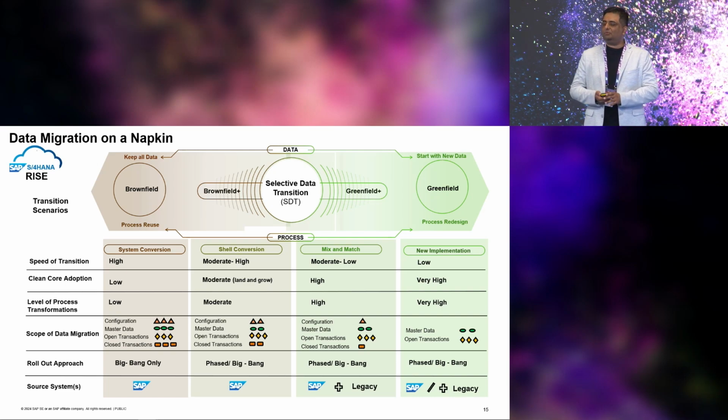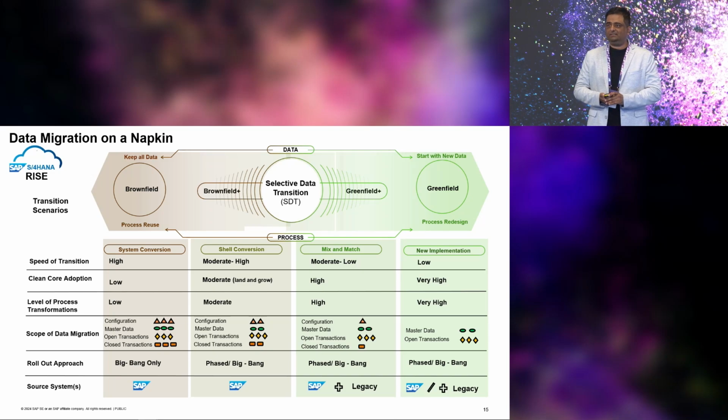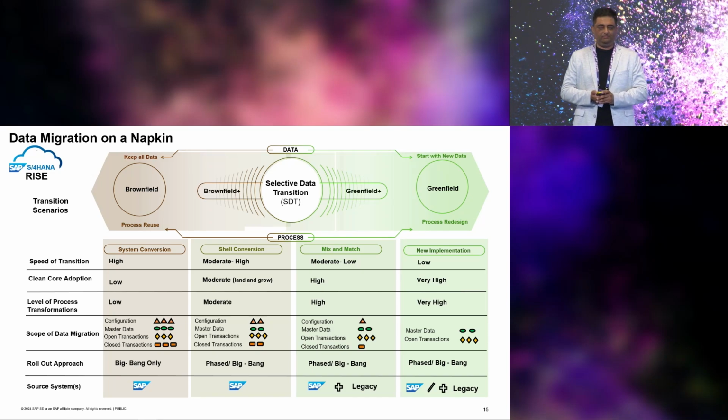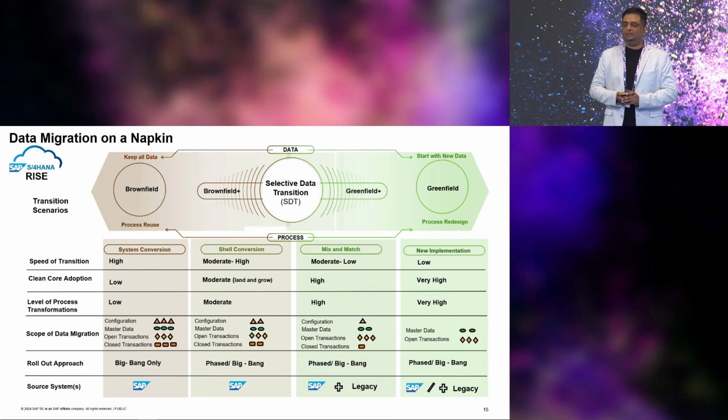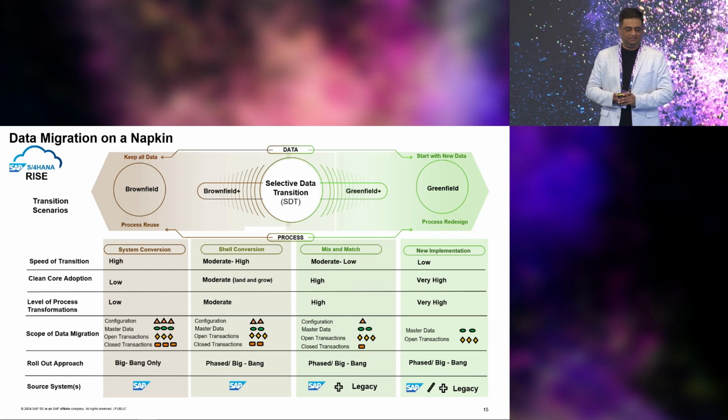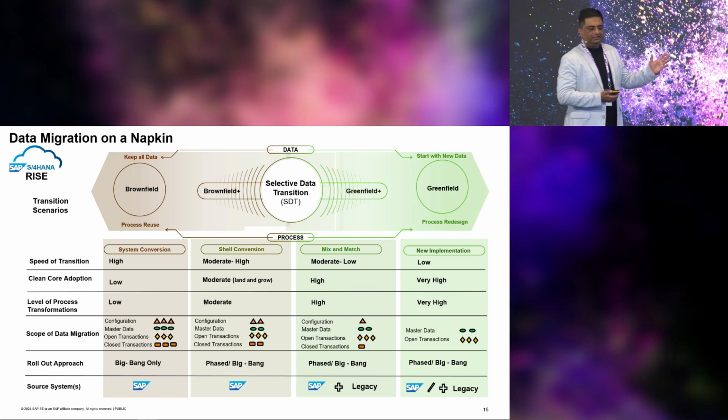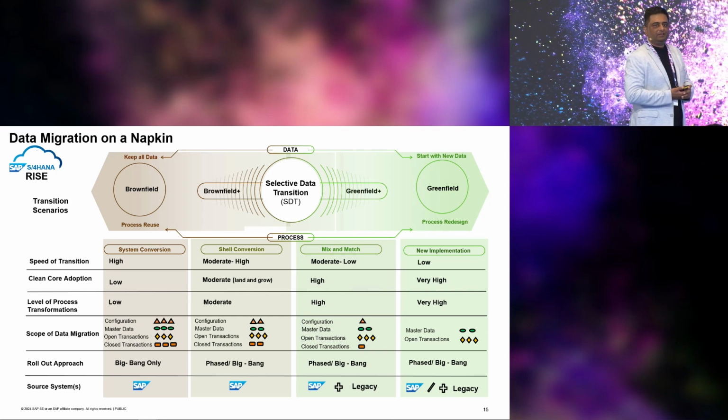We would then also talk about the SAP standard capabilities that we have. Mark briefly mentioned Lean SDT and complementary service offerings from data management landscape transformation services. So let's start with the transition scenarios.